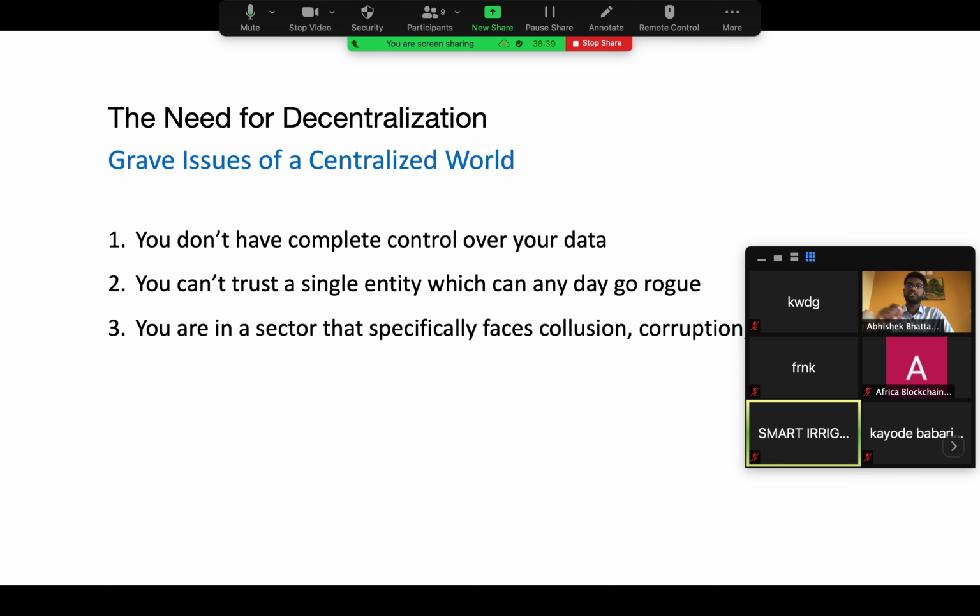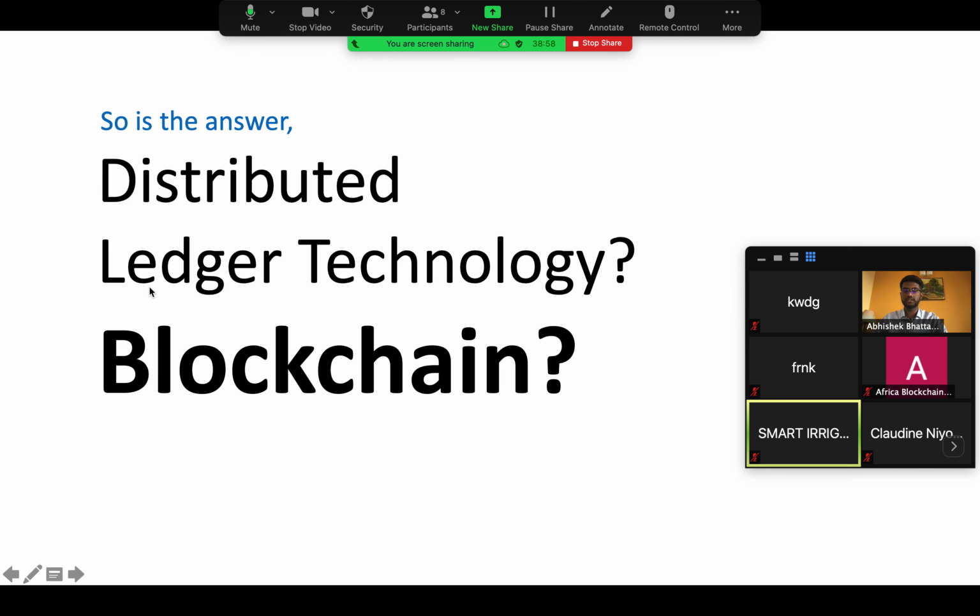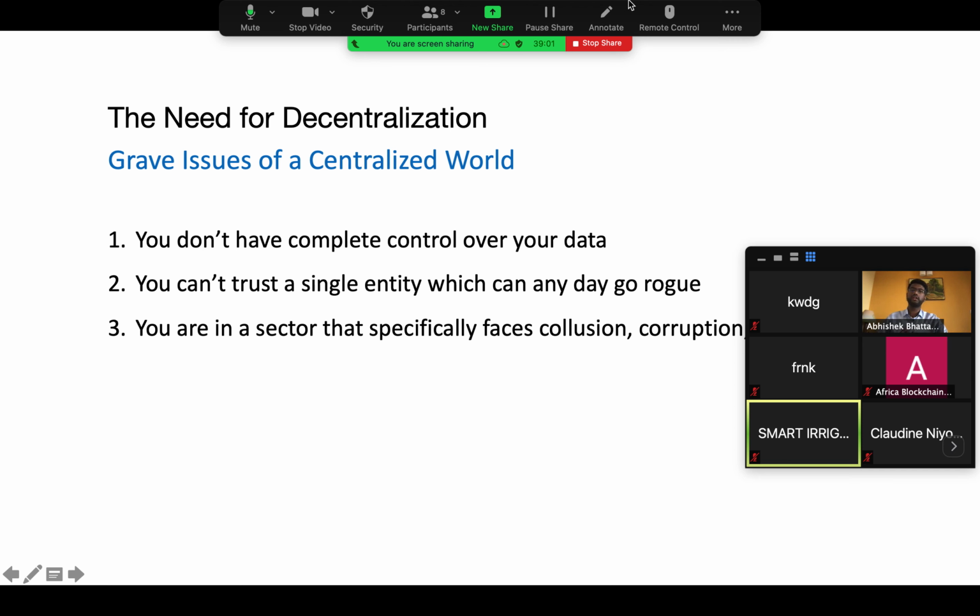The need for decentralization is categorically in a sector or segment which faces adverse situations such as collusion, frauds, scams, corruption, scandals, financial scams, financial frauds. Whenever any segment or sector faces these, that is the point where you have to make sure that blockchain or decentralization technology is used to curb these things. These are the things that a decentralized network definitely solves.